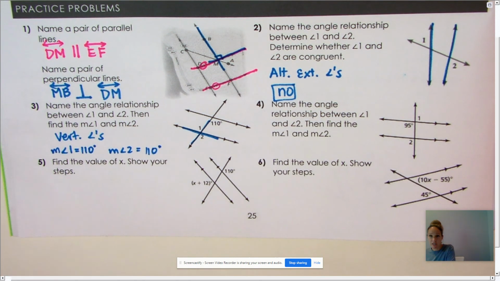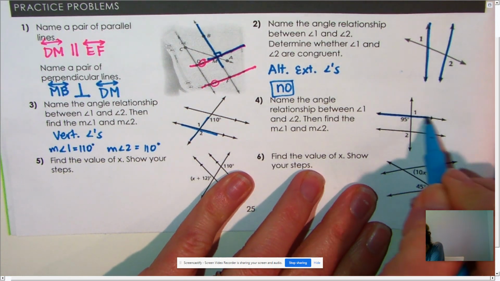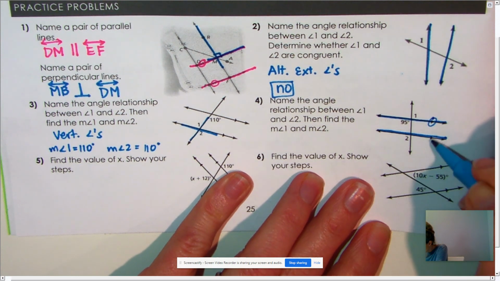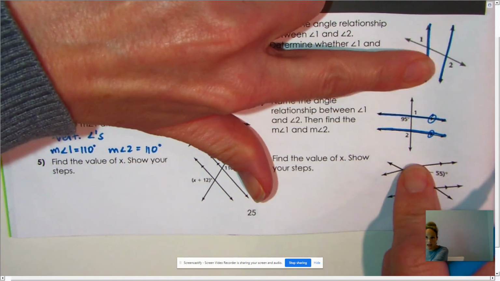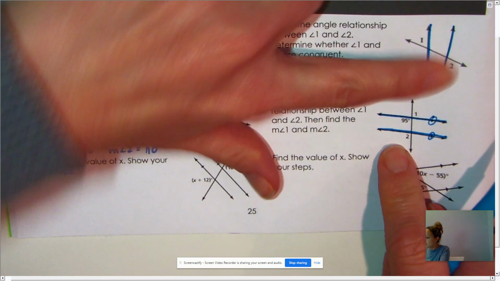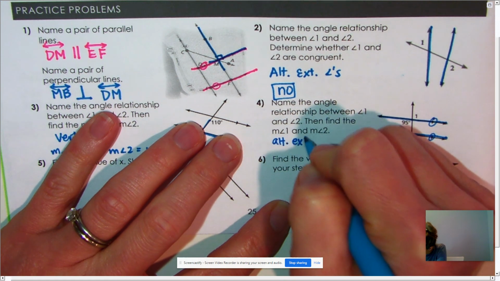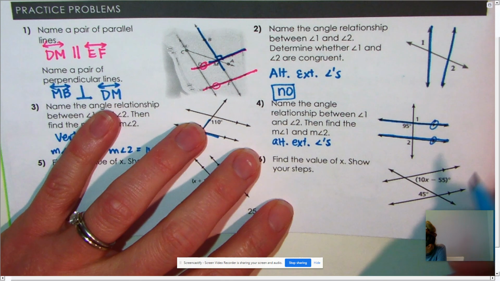Okay, question number 4. Name the angle relationship between angle 1 and angle 2. So again, I have my students start by highlighting the parallel lines, or the lines that appear to be parallel. These ones are because of the little triangles right there. And so are they inside or outside? Well, they're outside. So these are alternate exterior angles again. And then find the measure of each one.